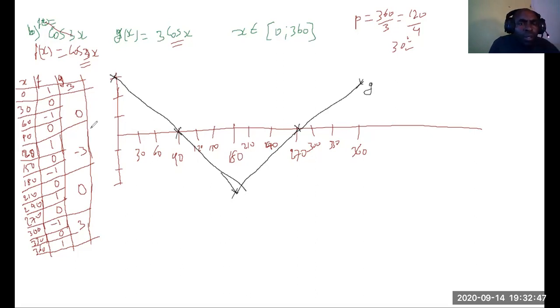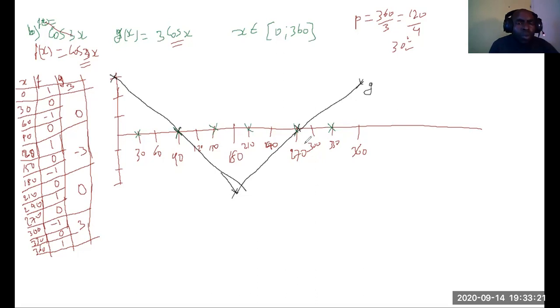I have got the zeros at 30, and then at 90, then at 150, then at 210, then 270, and then 330.